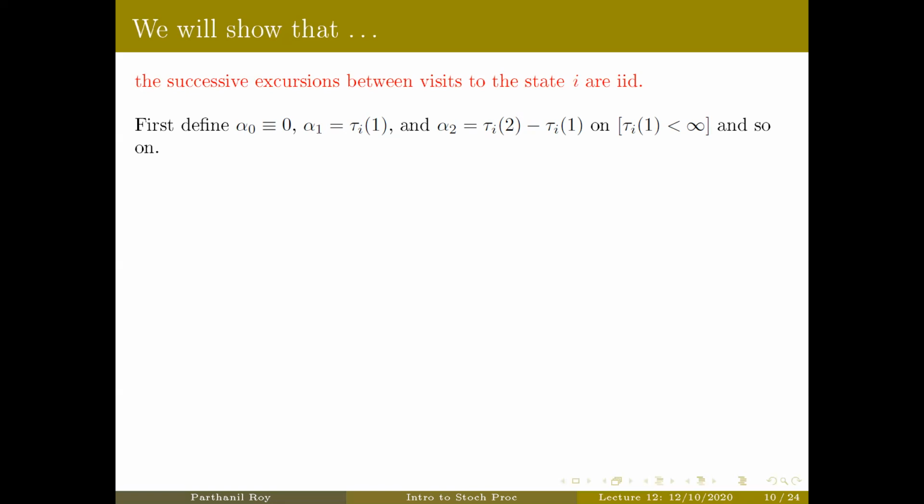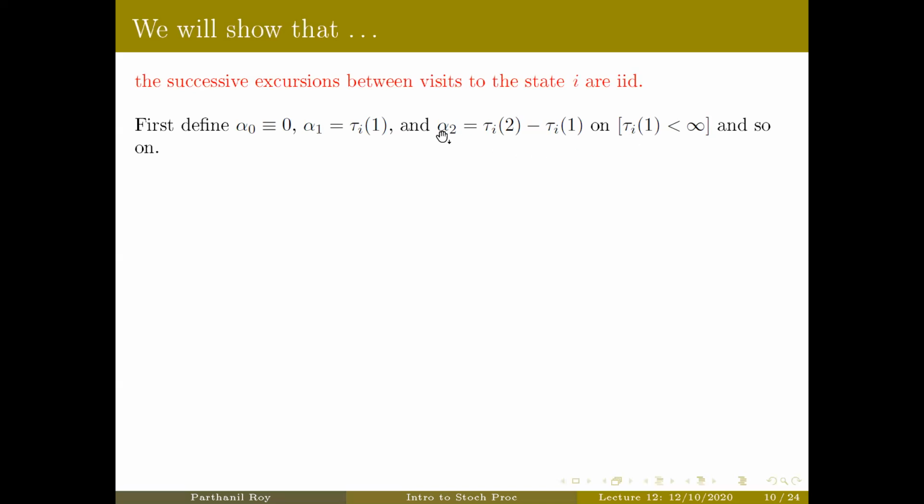In other words, if you set your clock at 0 at the first return time, how much time does the Markov chain need in this new clock to come back to its initial state? That's alpha 2. Of course, alpha 2 won't be well defined unless the second return time is. Therefore, we define alpha 2 only on the event that the first return time is finite. If the first return time is not finite, we don't define alpha 2 at all.